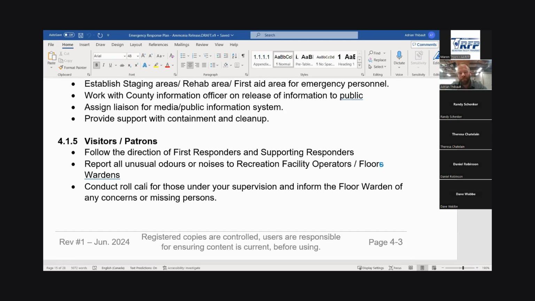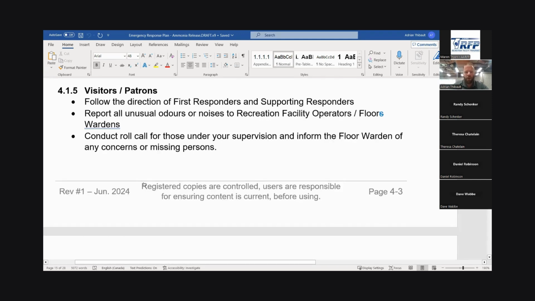If you don't know that Johnny's grandma is coming to watch the Timbit game, then you can't really account for them, right? So you just do a sweep of the building. That's the important part, sweeping the building like you would with any evacuation or muster, and shelter in place, making sure that everyone is accounted for that way.